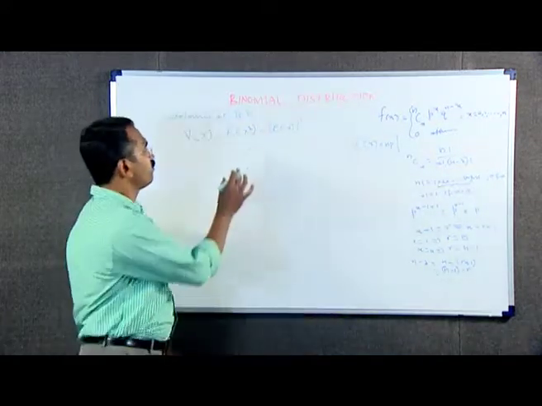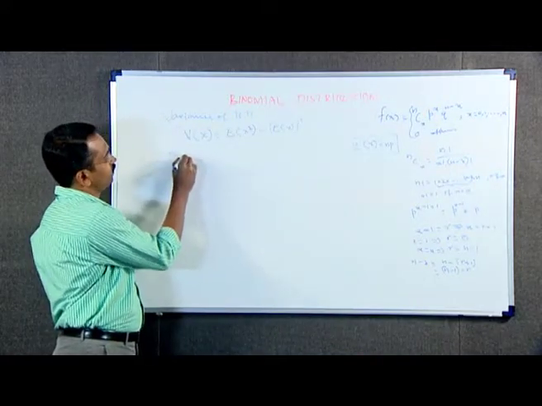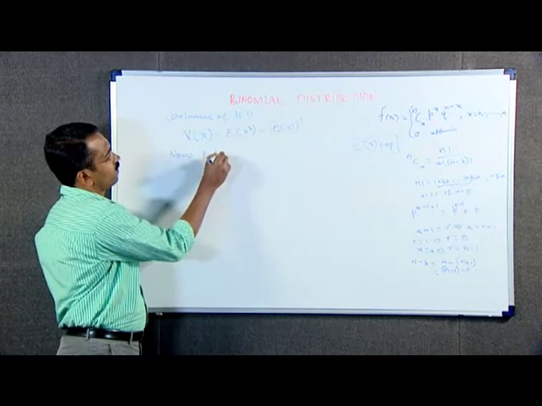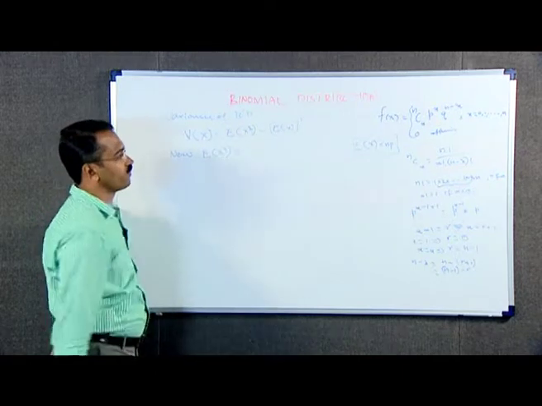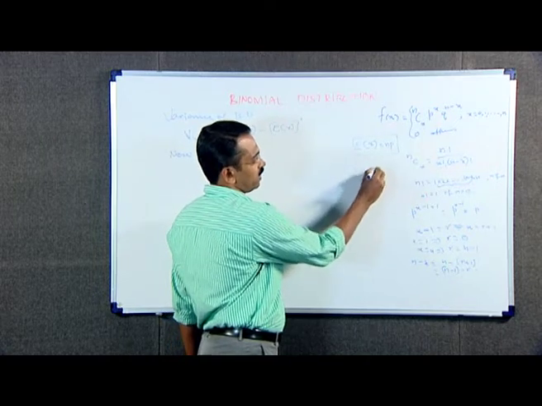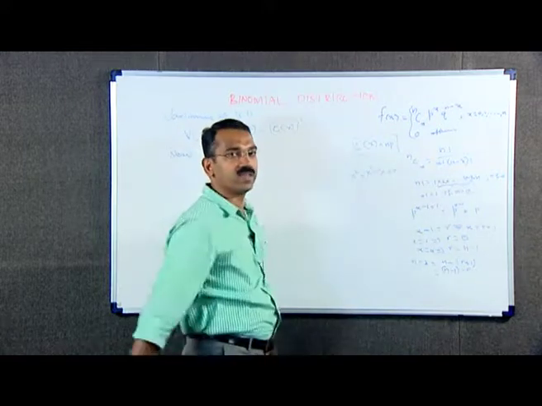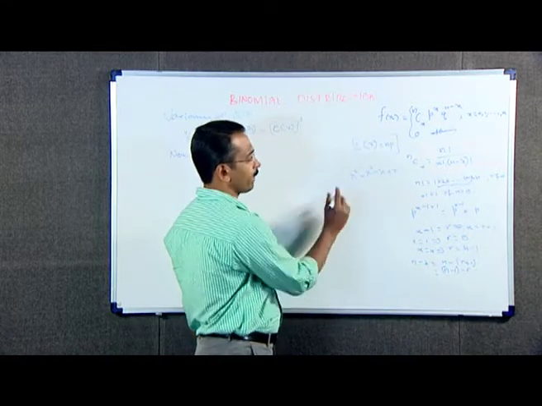Now, we want to find E of x square. Expectation of x square. We write x square as x square minus x plus x. That is, we just add x and subtract the same.